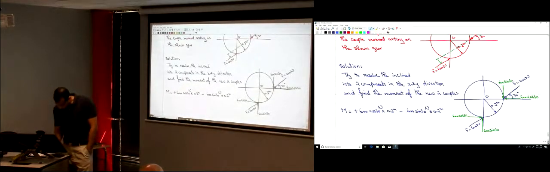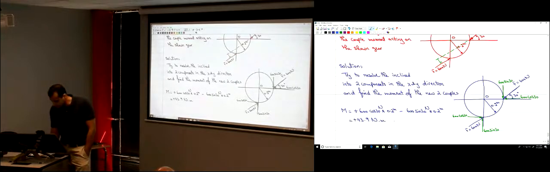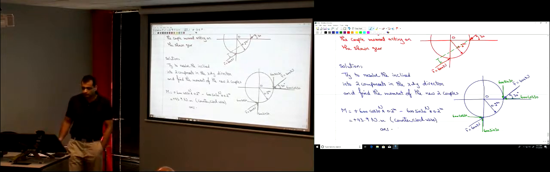So now summing those two, this is going to be 43.9 Newton meter. It's positive, that means it's counterclockwise. That's the answer here. Any question?